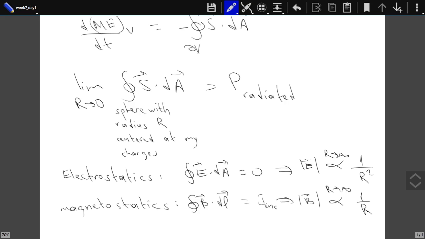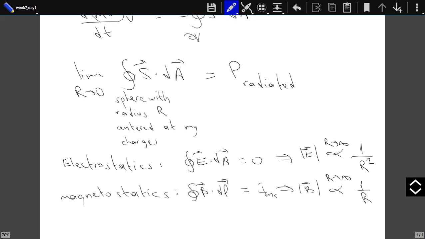And this 1 over r dependence we only obtain in the case of an infinite straight wire. In a localized source, we know that the B field goes as 1 over r squared at very far away distances.